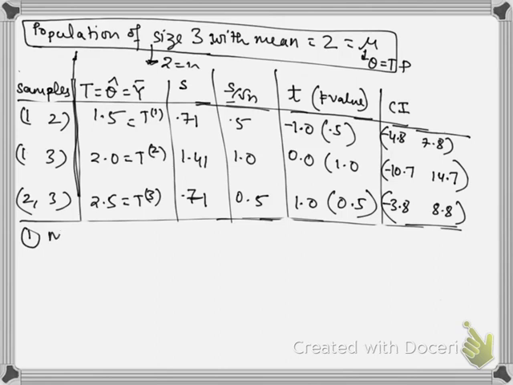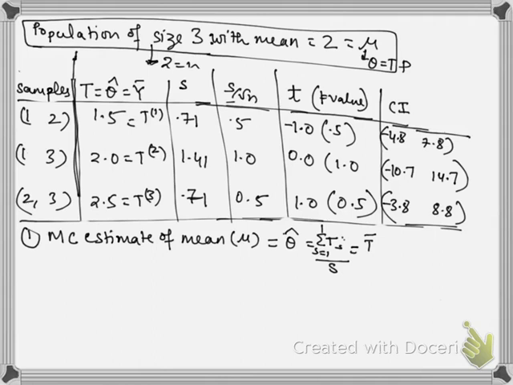One Monte Carlo estimate of the mean is theta hat, which is the sum of T_s, s goes from 1 to S, over S, which is T bar, which is basically the mean of this column that you see.